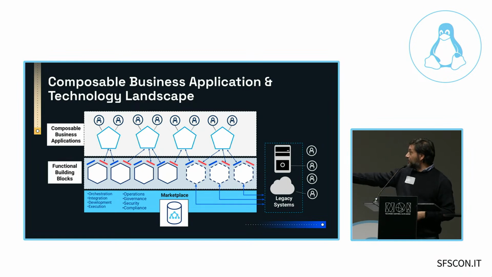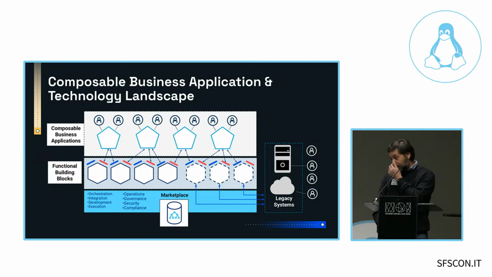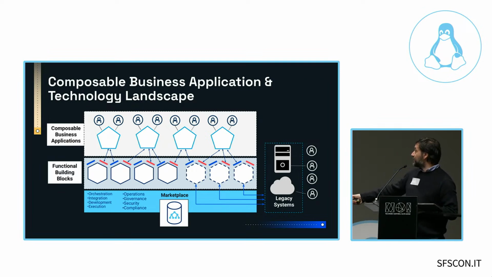So all the lower side here about orchestration, integration, development, operations should be delegated to the platform, the runtime. And we can understand that we want to pick all of the components from some sort of repository, a marketplace.